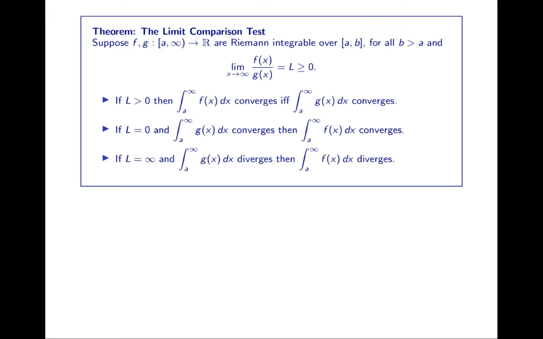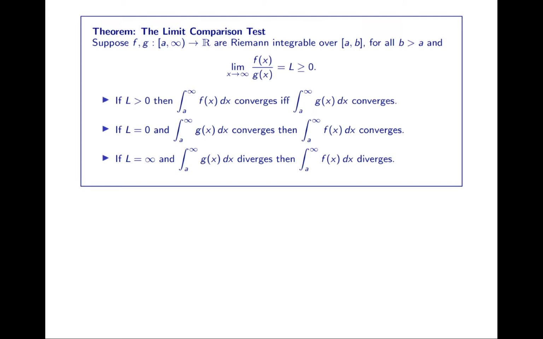Now, if L is 0, we don't get an if and only if. We get that if the integral of g converges from a to infinity, then the integral of f from a to infinity converges.